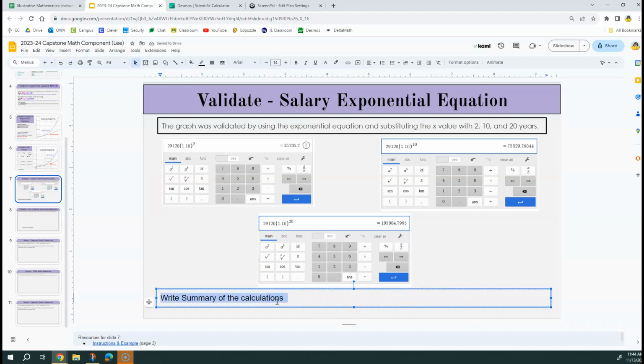So you can type in to validate: I put the salary exponential equation into a calculator, and I replaced the x with 2, 10, and 20.